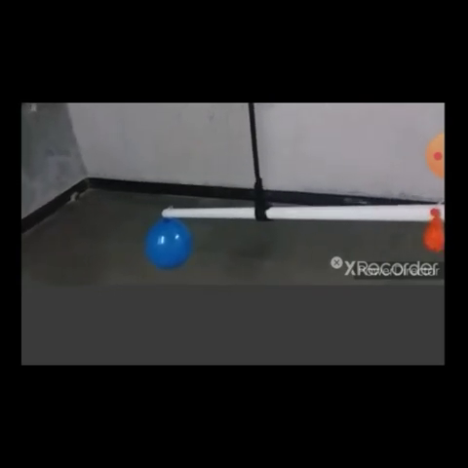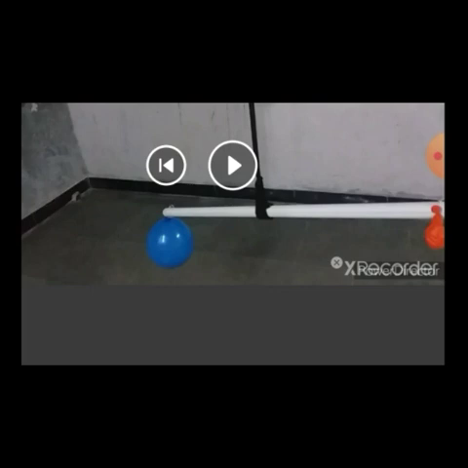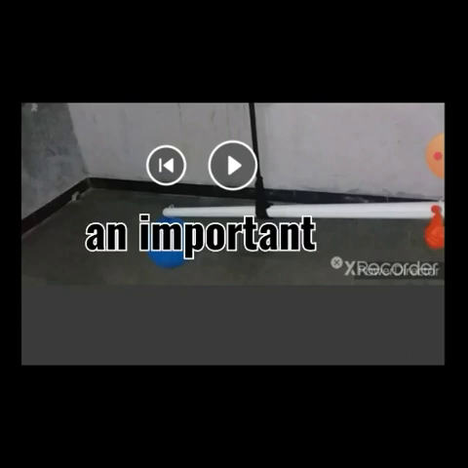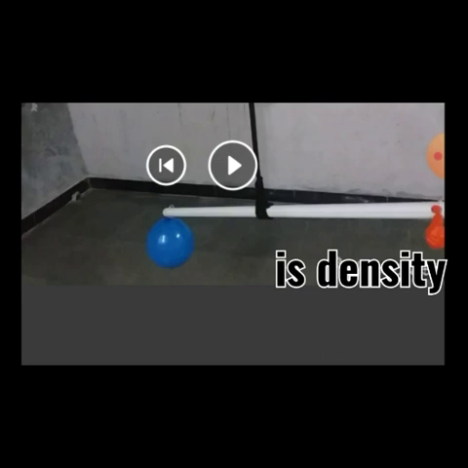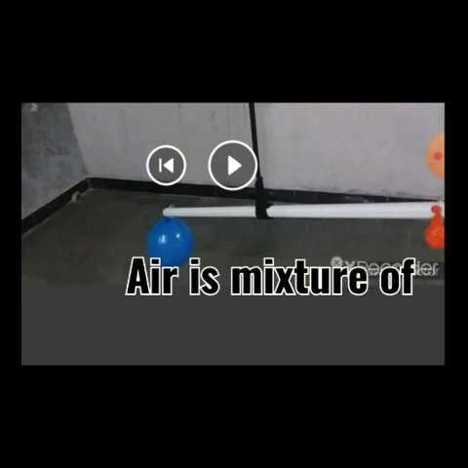What is density? The relation of the weight of a substance to its size, an important property of any gas, including air, is density. You know that air is a mixture of gases like nitrogen, oxygen, water vapor, carbon dioxide, and various other components.